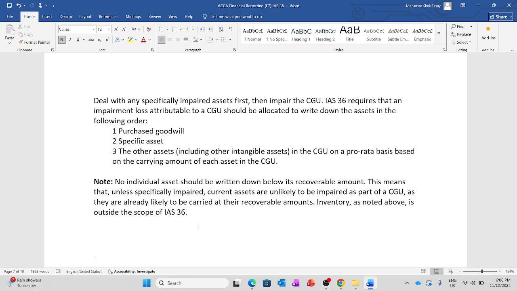For current assets, inventory, receivables, short-term investments, they are unlikely to be impaired unless the question specifically states that the inventory has impaired. However, on normal ground, it should have been accounted for under IAS 2, within the scope of IAS 2.